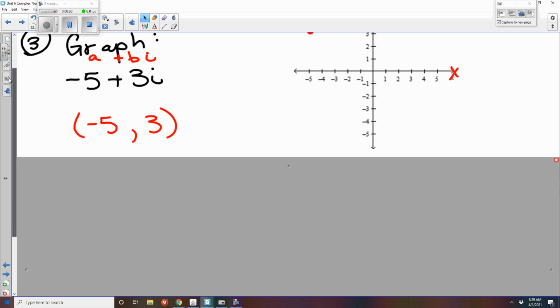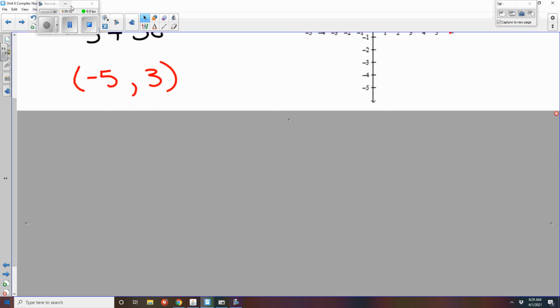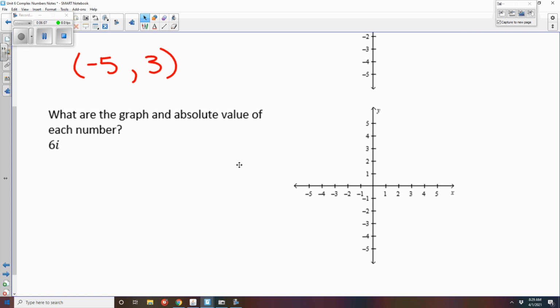So our next graphing one, let's see if I can get rid of this screen here. There we go. It should just say the graph. We don't have to do the absolute value. So what's the graph of each number? For example 4, it says 6i. This time, if we think about our complex numbers and writing our ordered pairs, what always comes first in the complex number?